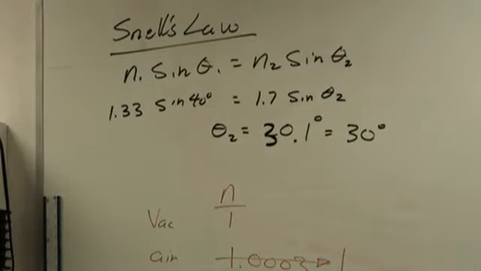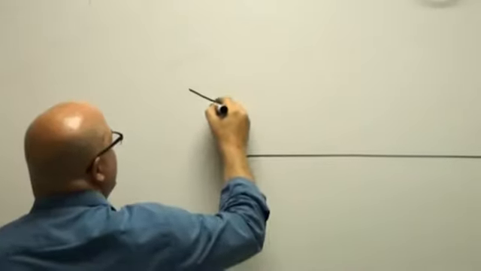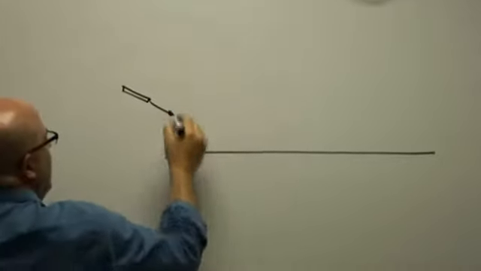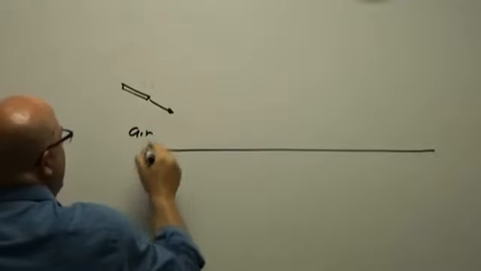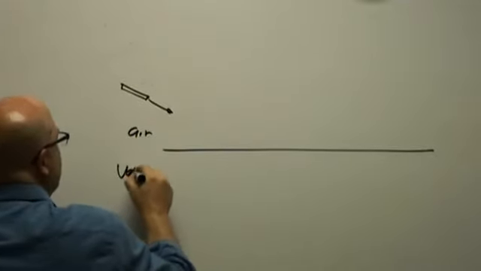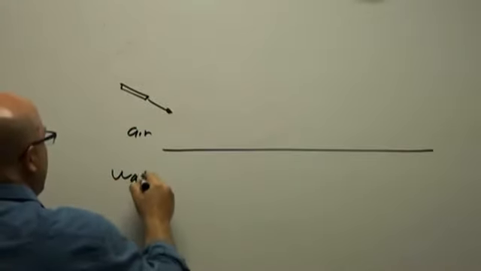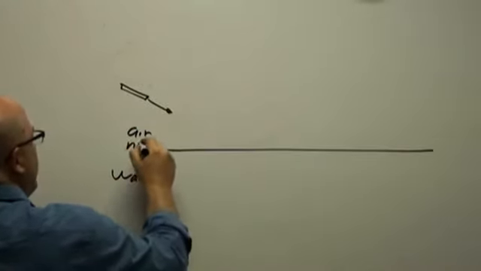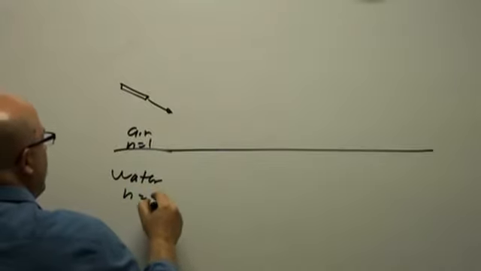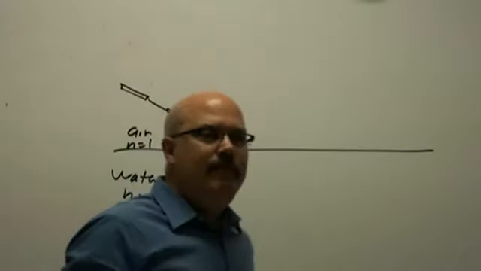All right, so let's say you're playing around with your laser near the lake. Okay, you got your laser out here, and you're shining your laser beam from air at the water. Okay?